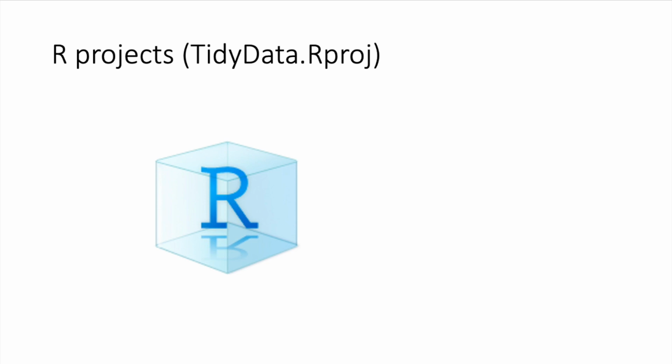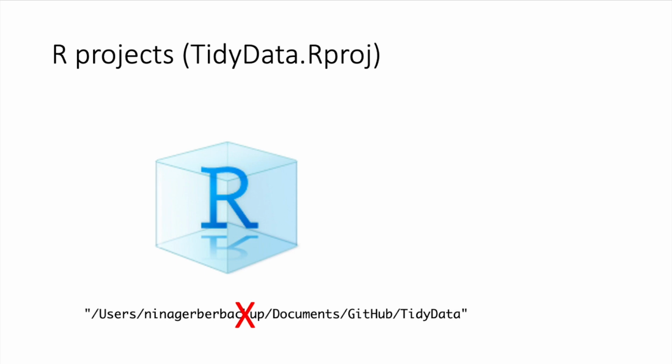When sharing data, working with an R project is the easiest way, because R projects are associated with a working directory. So each project has its own directory, which is relative to the location of the project. The advantage of this is that we're not using an absolute file path when referring to, for example, a data file, as this one here.